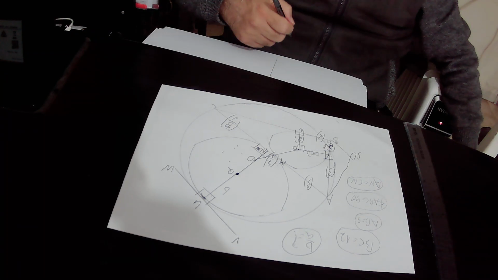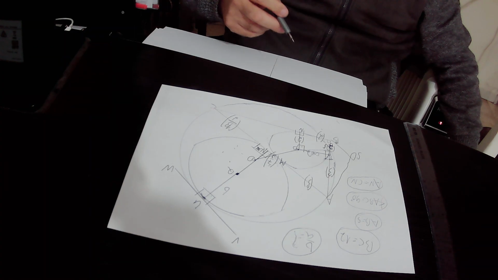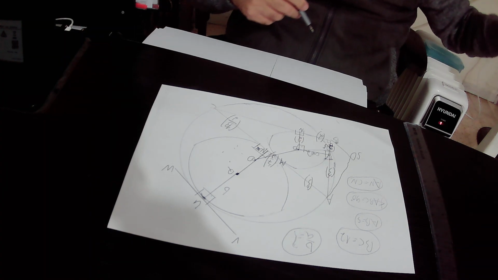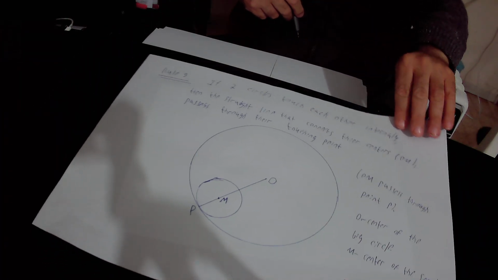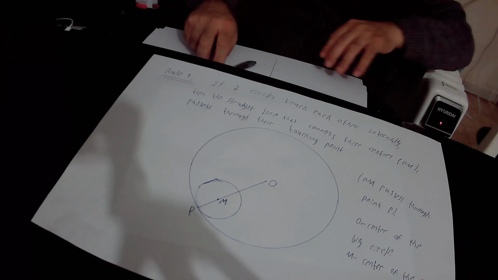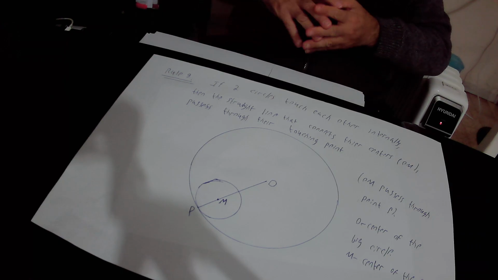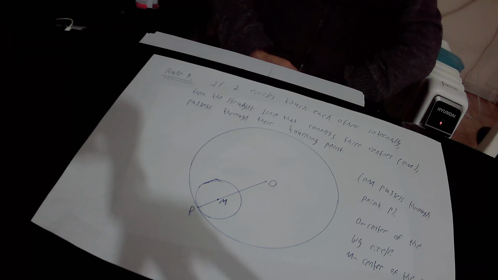And then I'll present to you rule number 9 and implement rule number 9 in our drawing. According to rule number 9, if two circles touch each other internally, then the straight line that connects their centers together must pass through their touching point.